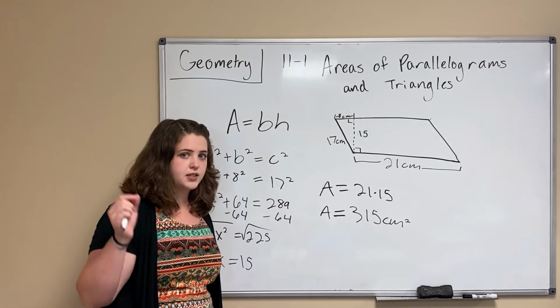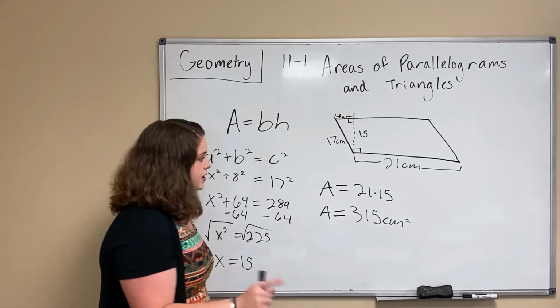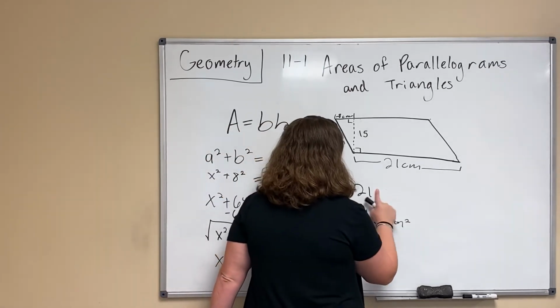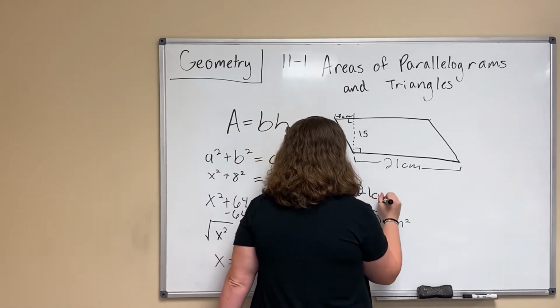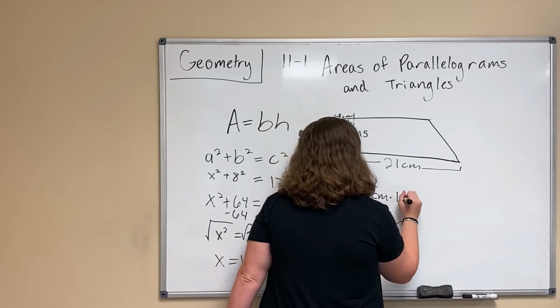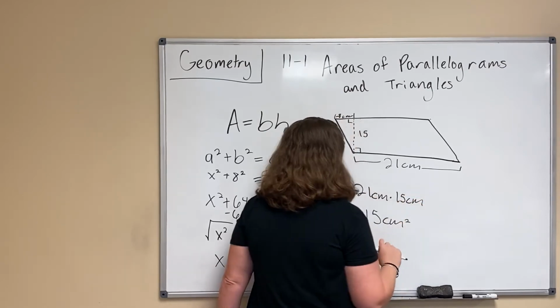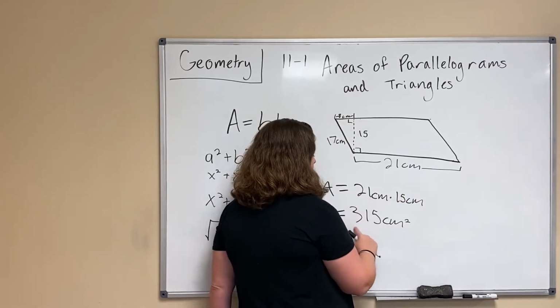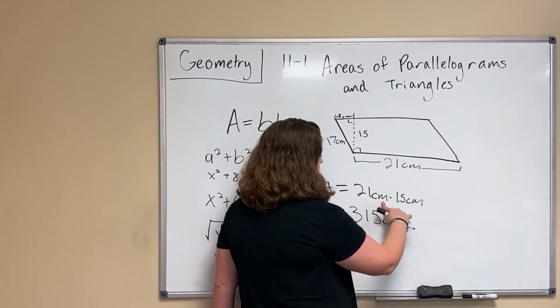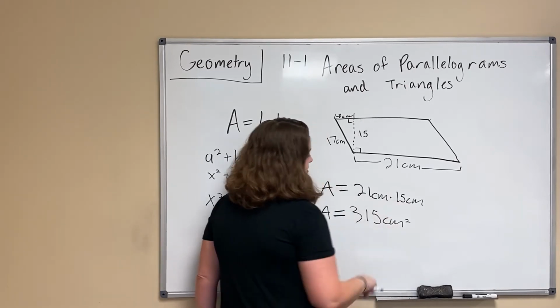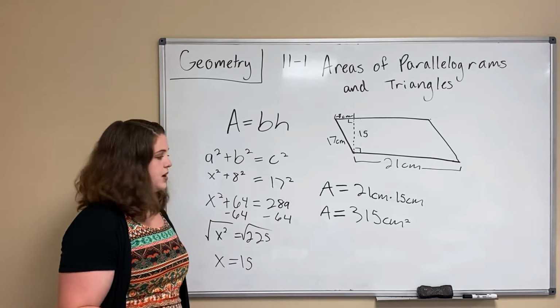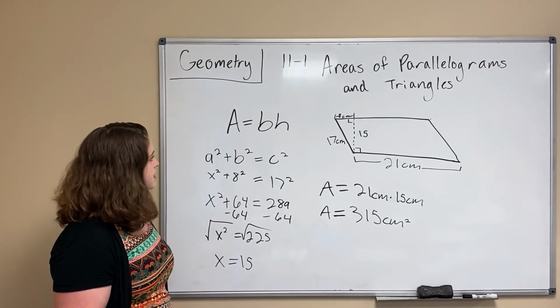Now the reason I write centimeters squared at the end is because here I had 21 centimeters times 15 centimeters. 21 times 15 is 315, and centimeters times centimeters is centimeters squared. That's where that notation comes from.